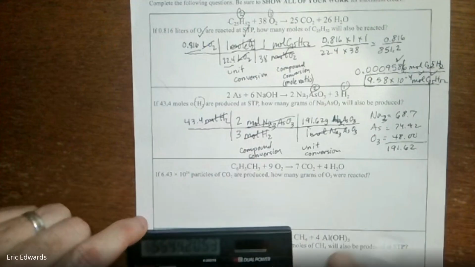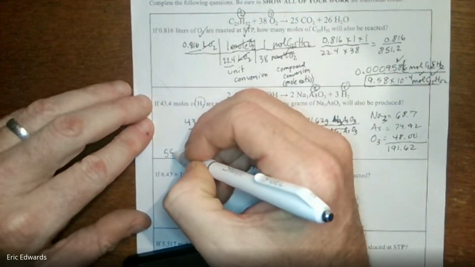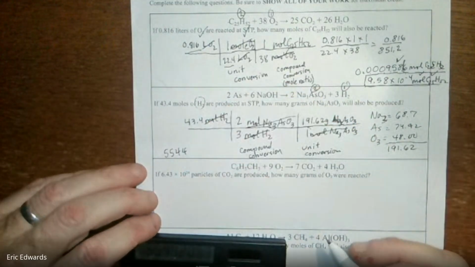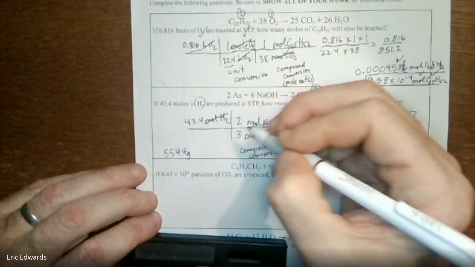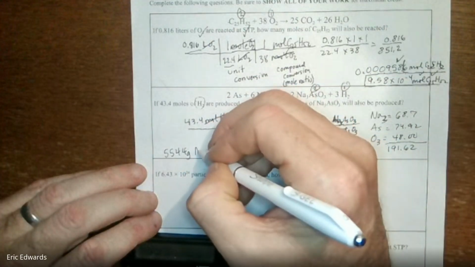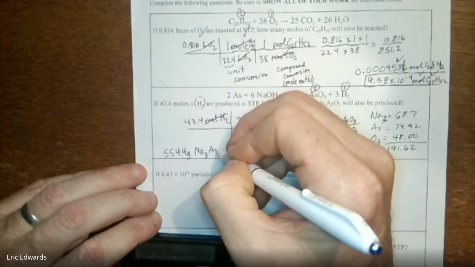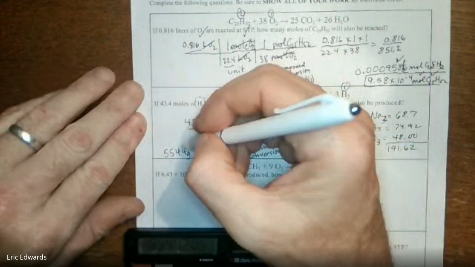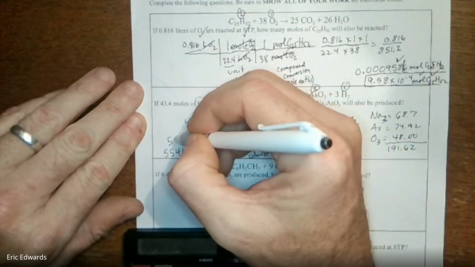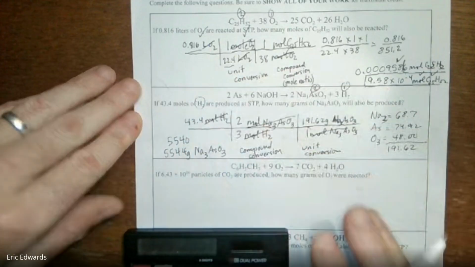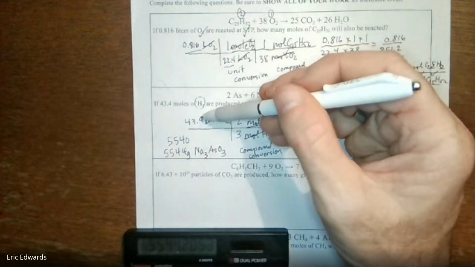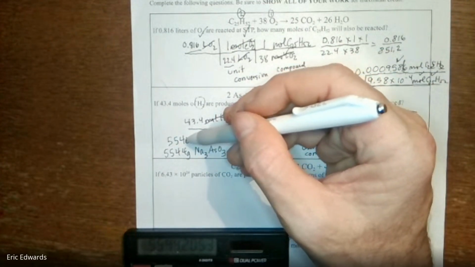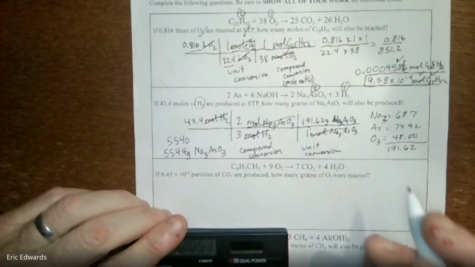And I get 5,544 grams Na3ASO3, and that's going to be my answer. But if I want the one that's going to get me the gold, I've got 5540 because I've got 3 significant digits here. This one has 5, so my answer has to stop at 3 significant digits. So that would be my answer there.